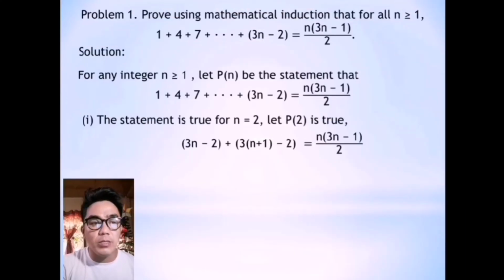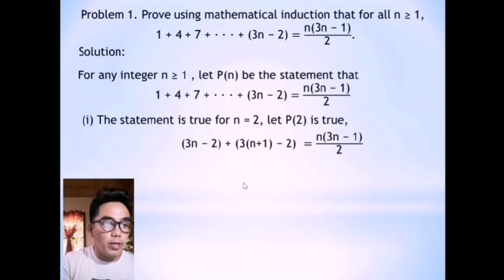Where do you think that second term came from? As you still remember, if the value of n increases, the number of terms also increases. This time, we're just going to replace n by n plus 1. So 3n minus 2 becomes 3 times (n plus 1) minus 2, but on the right side, it is still the same.